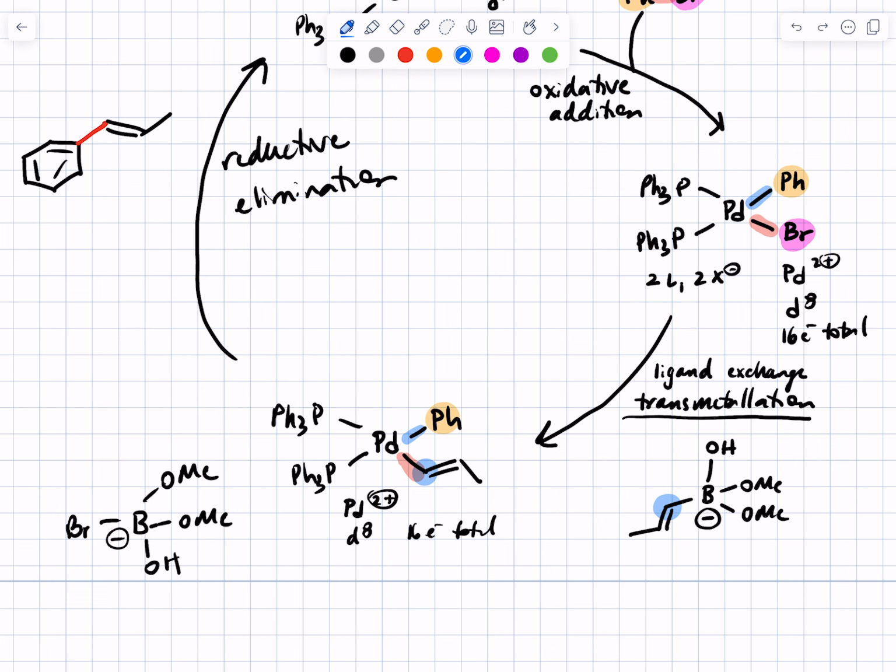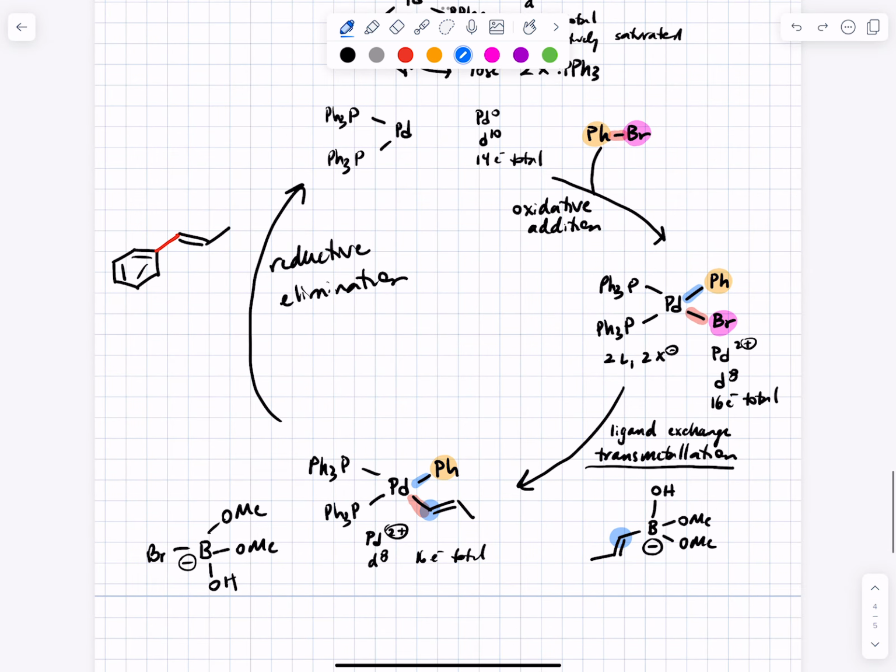Either way is fine. And then you will notice that that reductive elimination step takes us back to our starting catalyst, which is now palladium 0 with 10 d electrons. So one of the reasons palladium can do this is because it's really electron rich. It's got 10 d electrons. It's happy to donate two to a ligand temporarily. And then it's also happy to get those electrons back.